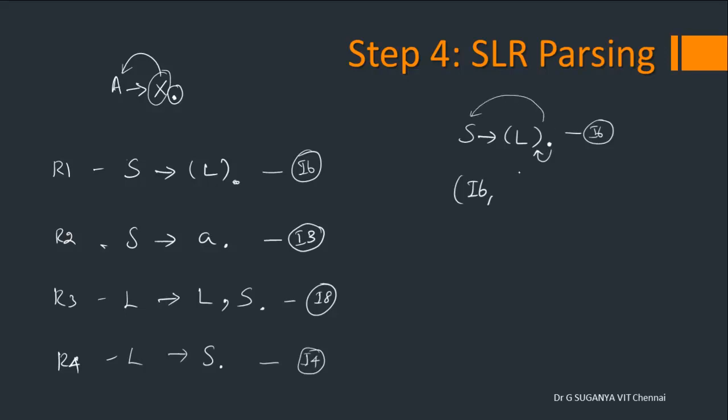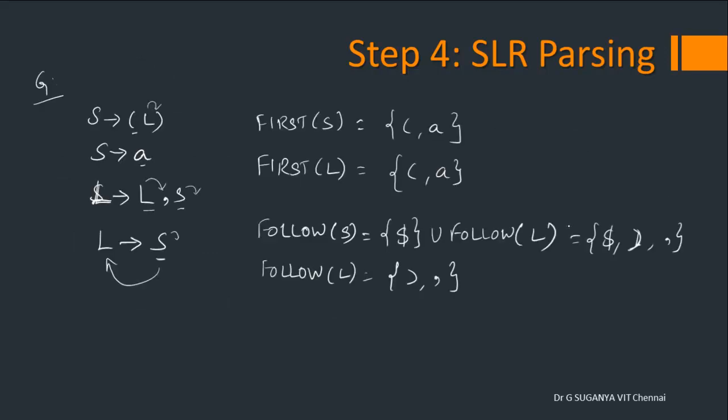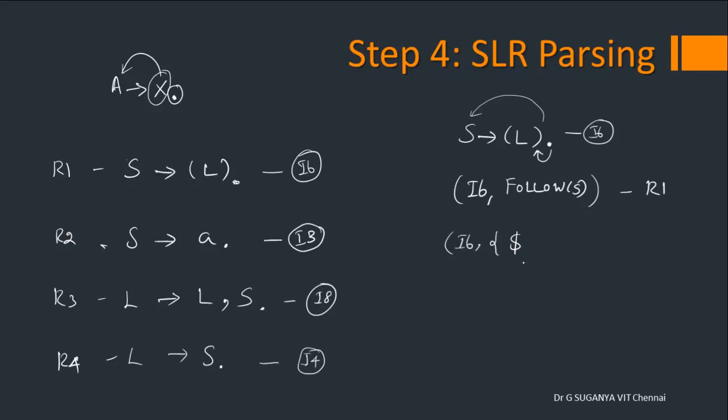Go to the left, and for follow of S, you have to add reduce by rule 1. So I6 comma, what is in follow of S? We computed it here: dollar, close bracket, comma. There you have to add reduce by rule 1.